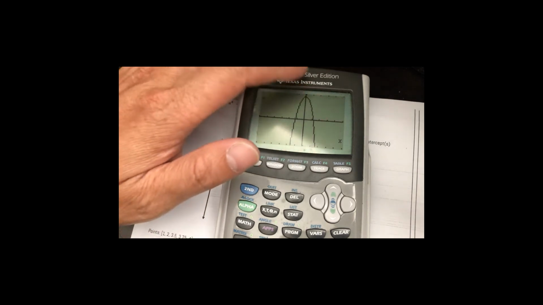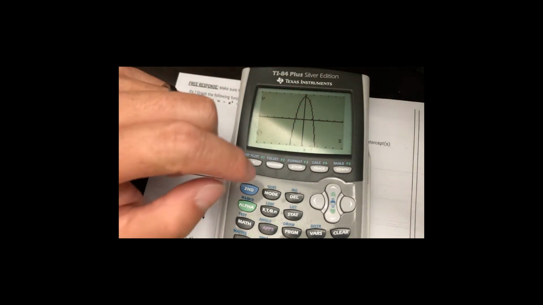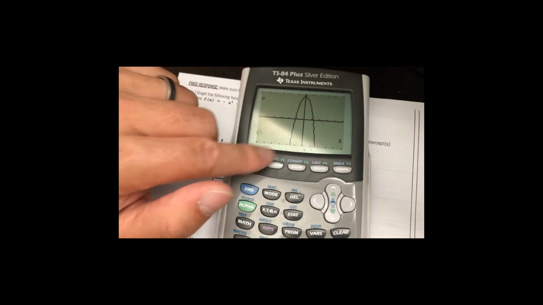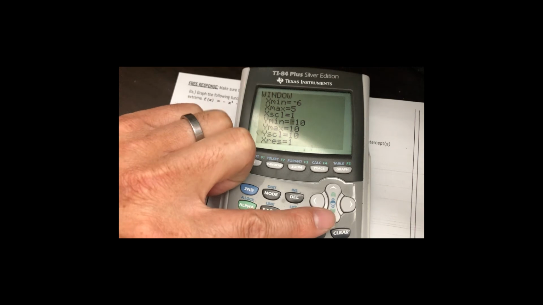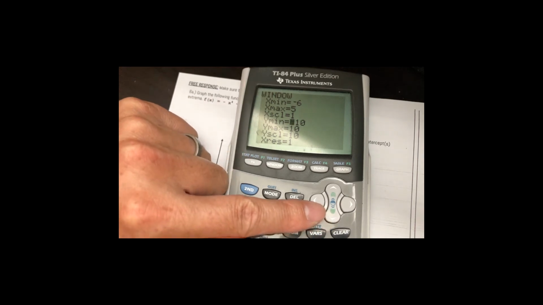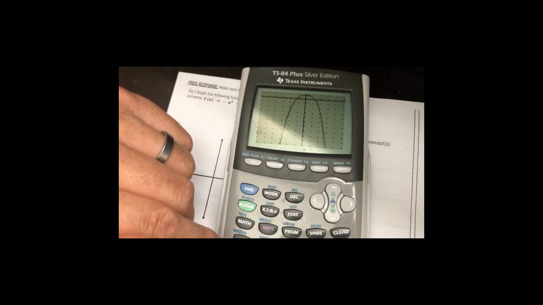Let's see what our graph looks like now. So it looks very much like a parabola, like a quadratic, but if you're not sure, you can always go more. I thought we said -100. So that's what our graph looks like.